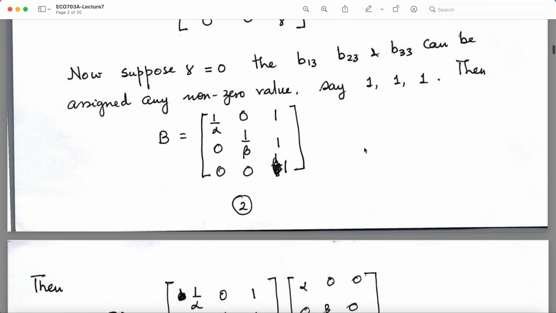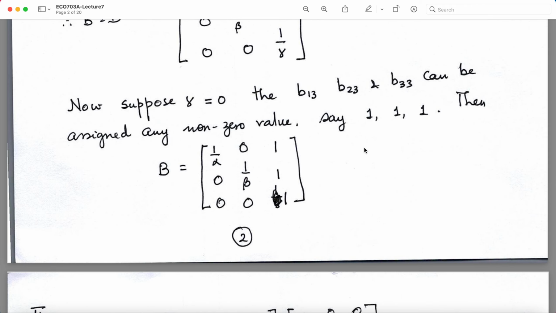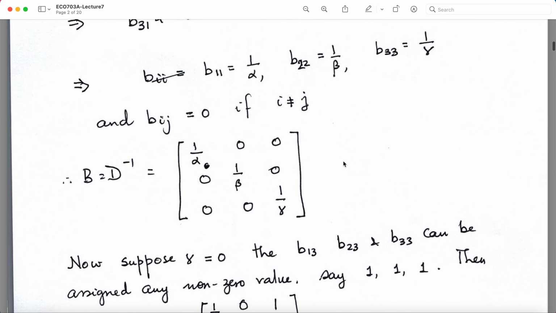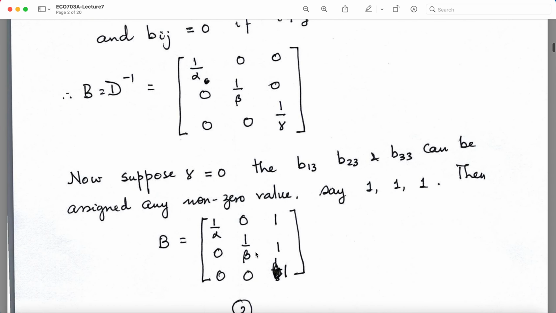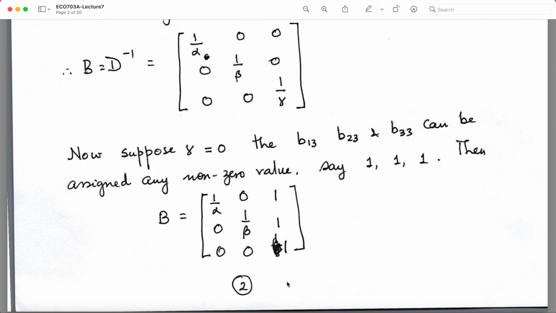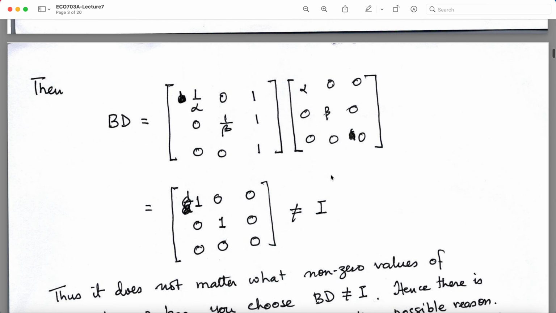So you cannot show. Suppose you make a test. Say let us assign some non-zero values to these points in B. B is 1 by alpha, 1 by beta, and I say, okay, let me put some non-zero values 1, 1, 1. Let me see what happens. Then if you multiply, you just see that it doesn't matter whatever value you choose for these entries, it will never give an identity.